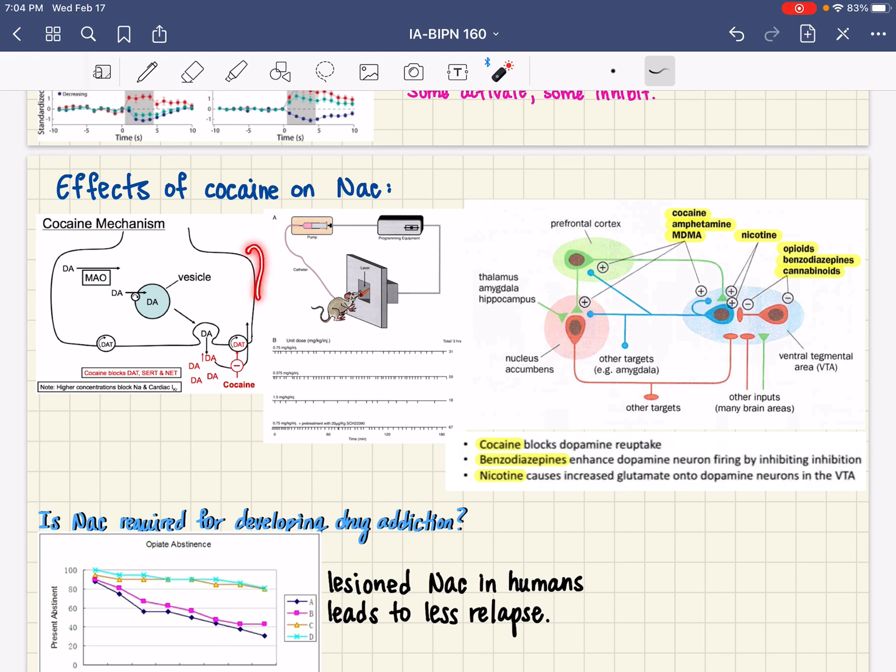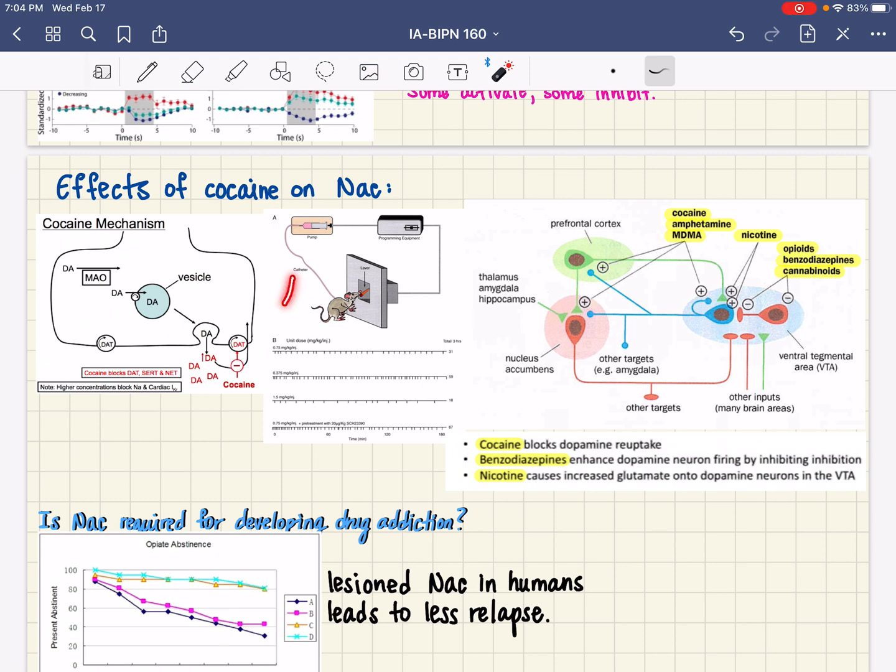So after this neuron releases a lot of dopamine into the synaptic cleft, if there's cocaine present, it can no longer take this dopamine back into the neuron. Imagine if there's cocaine, then all of these dopamine molecules are just going to stay in the synaptic cleft and overactivate your nucleus accumbens.